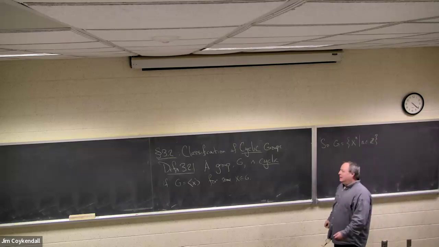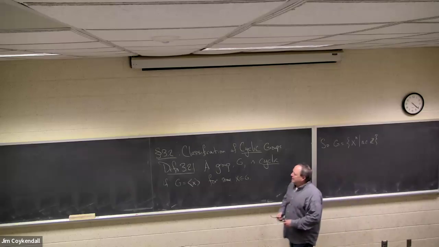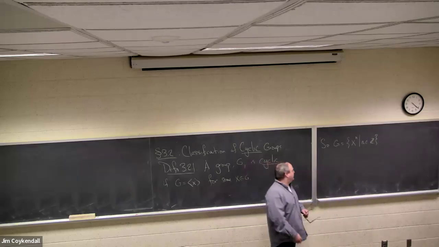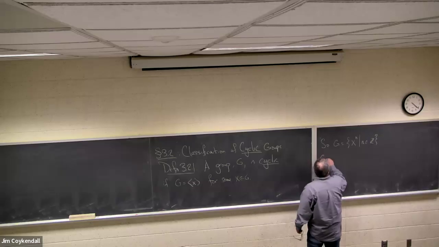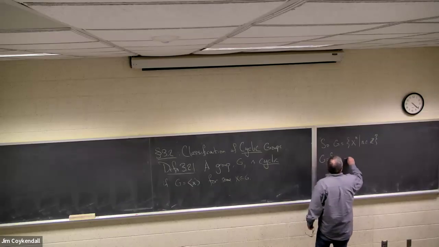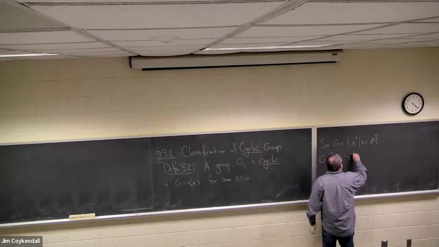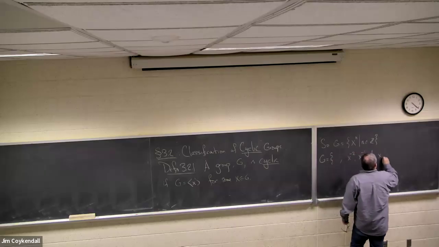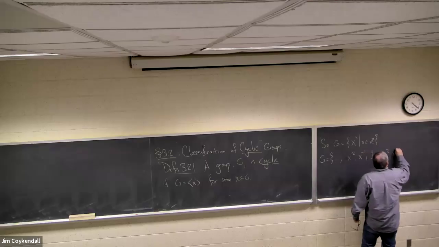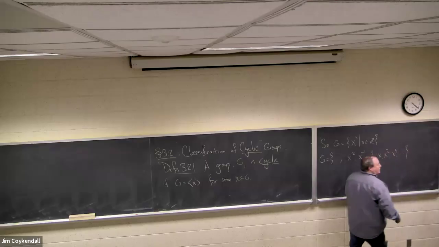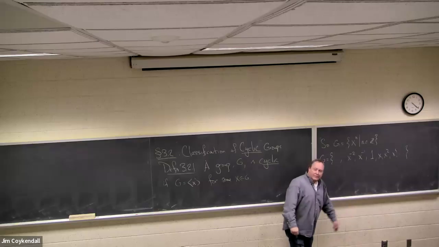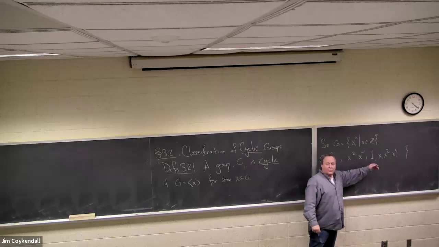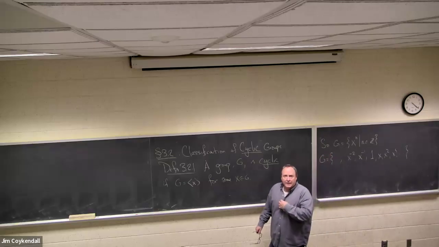So if a group is cyclic, and we say in this case it's generated by X, then G is just all powers of X that you can muster, all integer powers of X. And of course, X to the 0 power is the identity.